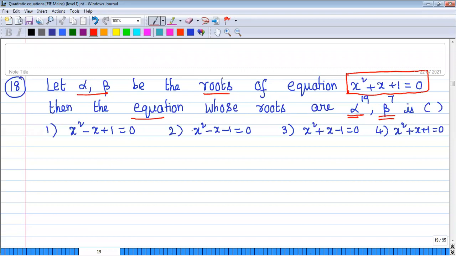That means the sum of the roots equals minus 1 and the product of the roots is equal to 1. Then we need to find out a quadratic equation whose roots are alpha to the power of 19 and beta to the power of 7.